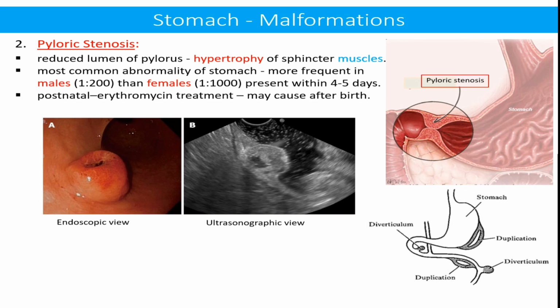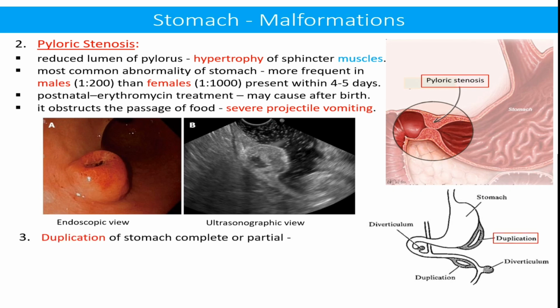Recent research shows that postnatal erythromycin treatment can cause this type of malformation. This malformation obstructs the passage of food, hence presents with severe projectile vomiting.